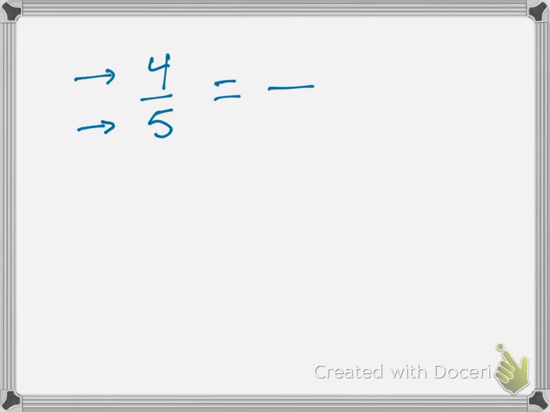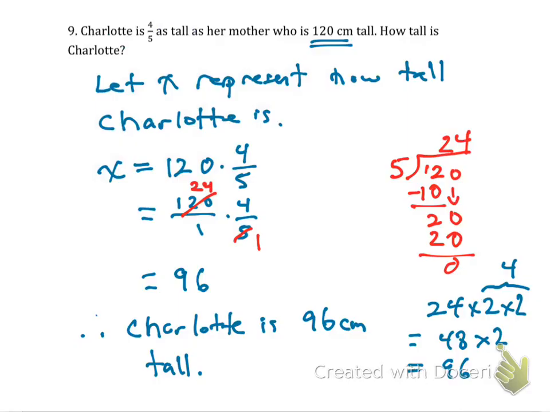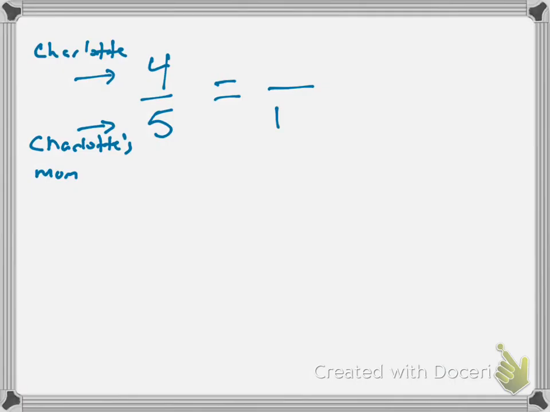The denominator is referring to Charlotte's mom, and the top to Charlotte. We know Charlotte's mom is 120 centimeters tall, so we're looking for x up here.